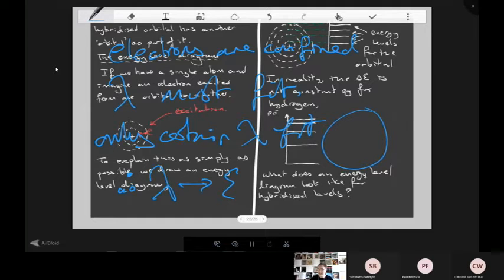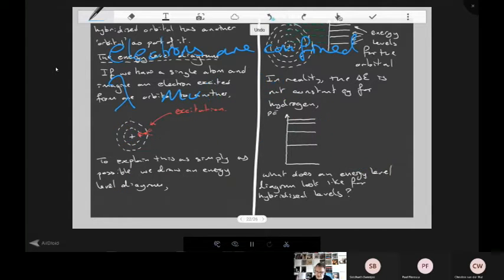And that's why we don't have orbitals anywhere and everywhere. We only have orbitals in certain positions. The energy that they have in that position gives them a wavelength that fits.